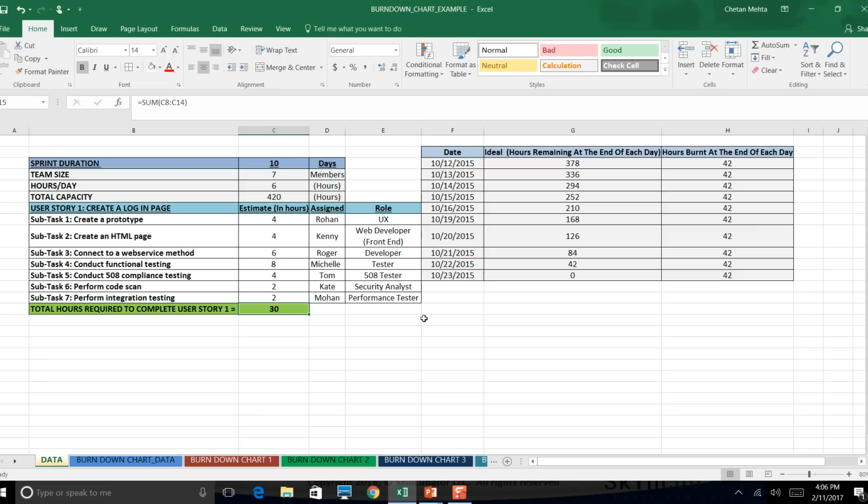Okay, so here we are saying that one story is 30 hours. Let's suppose that, on an average, we have a story which is worth 30 hours. So approximately you can take 14 stories in one sprint, right?